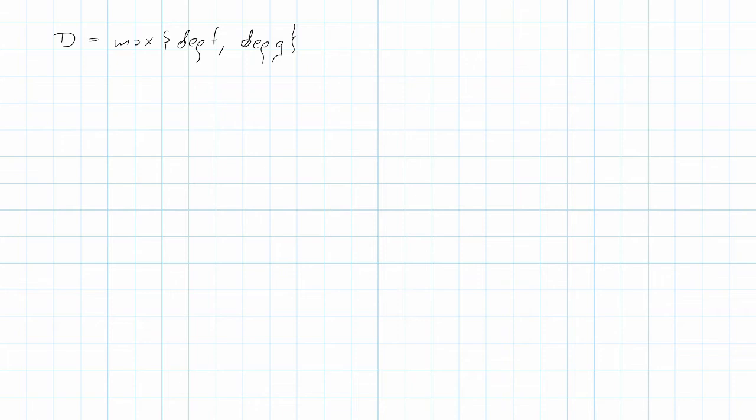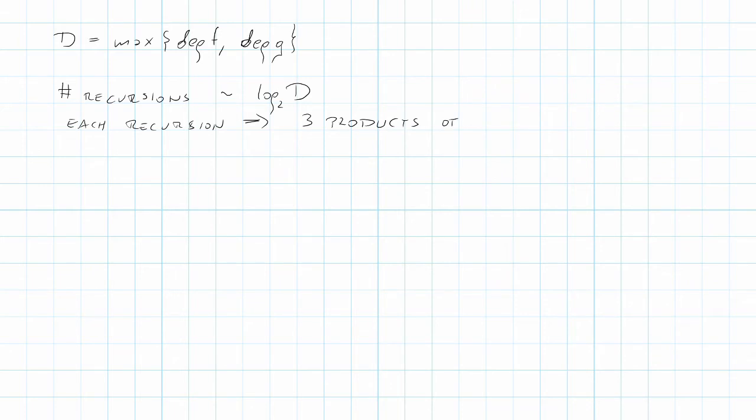So the number of recursions, the number of times we need to split these polynomials into half, is nothing else but just the log at base 2 of D. And at each recursion, each time we call this algorithm recursively, we have 3 products of the polynomials of half length.